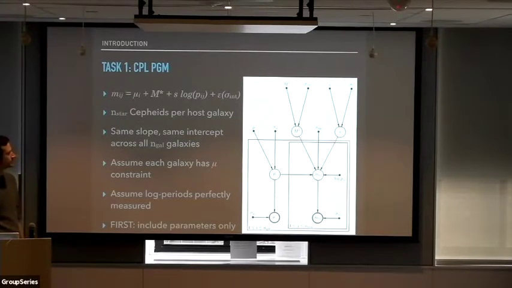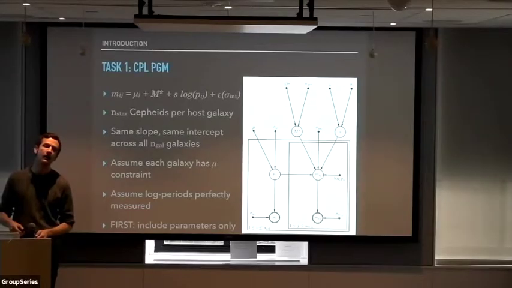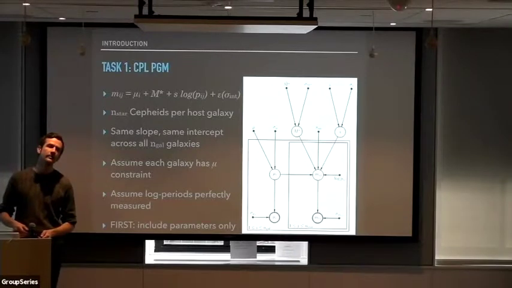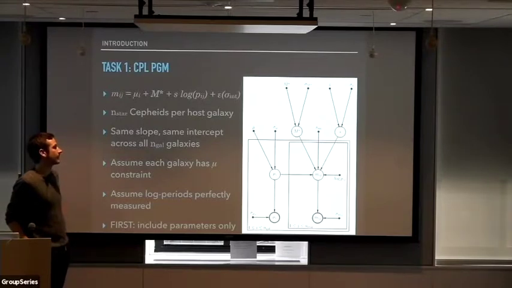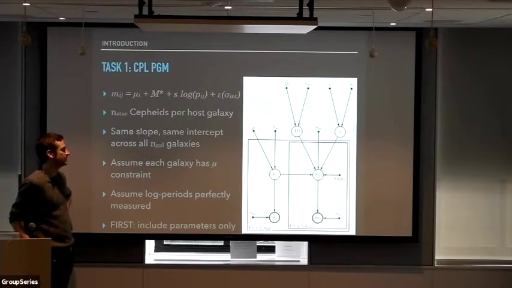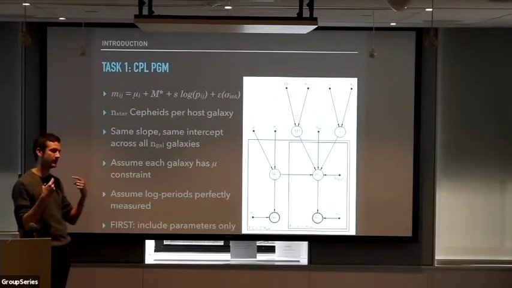No, okay. Can I ask a question? Yes. If there was covariance between any of the observables, how do you deal with that in a plate? The covariance is encoded in the PDFs that we're going to put in. Yeah, it's in those PDFs.